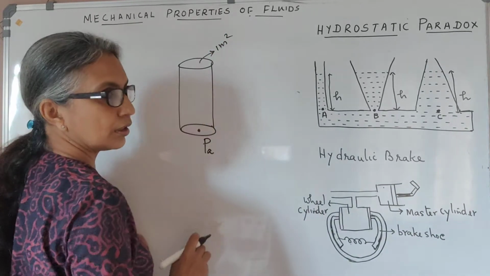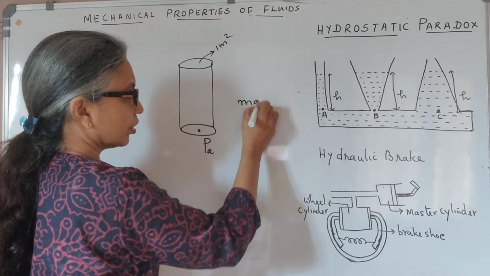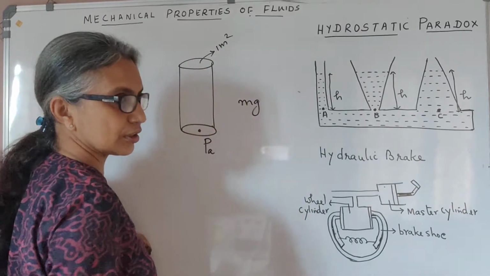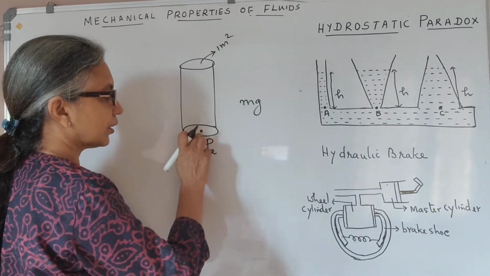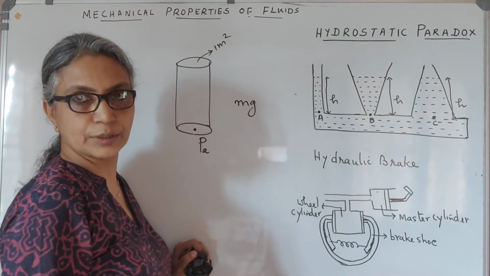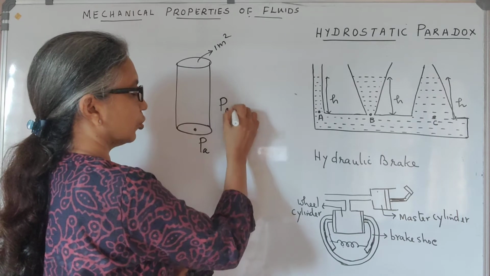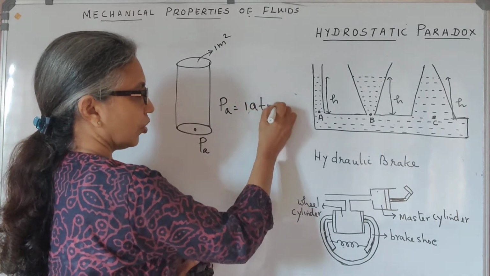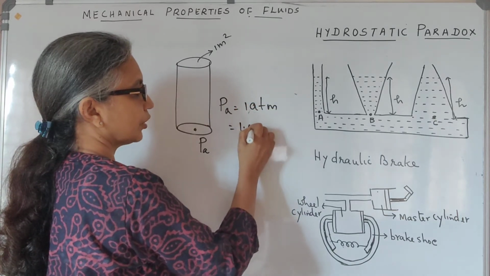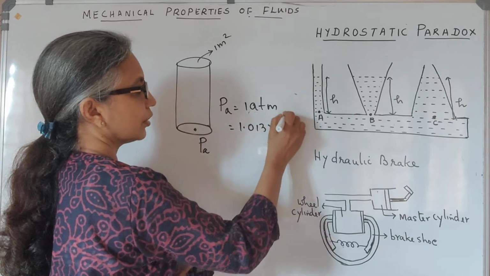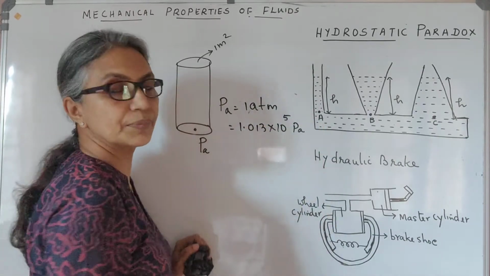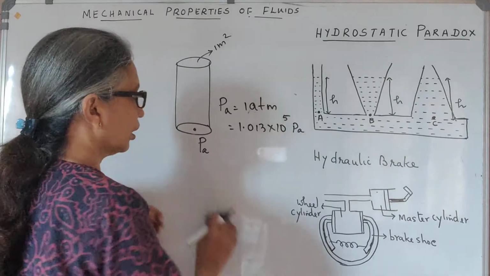Then the weight of this air column, that is mg, for unit area of cross section, exerted at this point will be called the atmospheric pressure, and at sea level this atmospheric pressure PA is equal to 1.013 into 10 raised to 5 Pascal, Pascal being the SI unit of pressure.